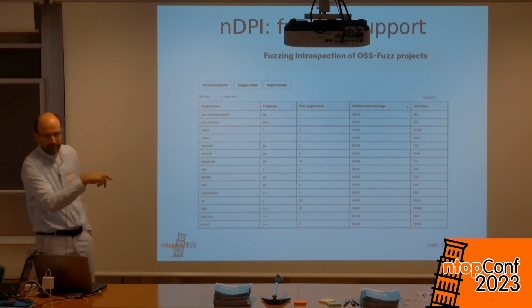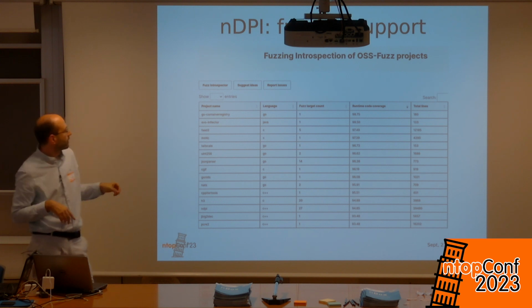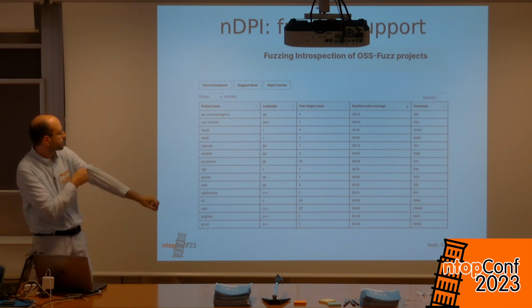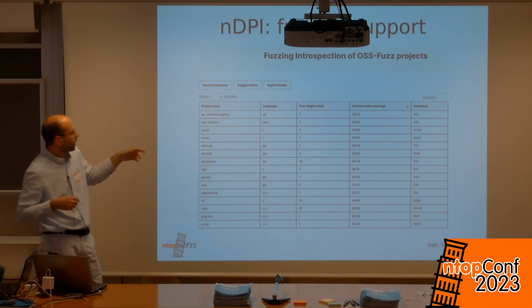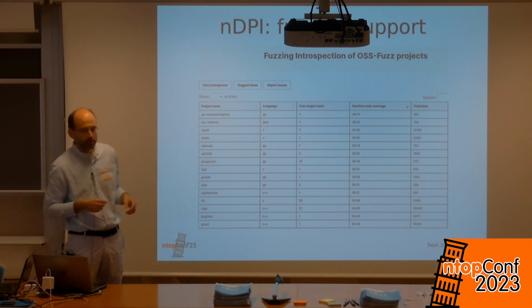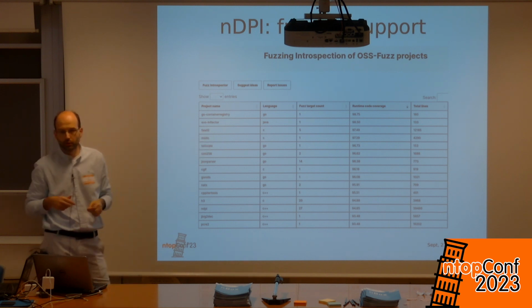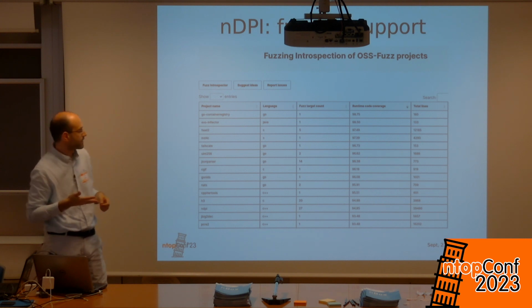Last thing, this is a basic ranking that you can find on the OSS-Fuzz site. All the projects are ranked according to the most important metric, which is the runtime code coverage, which tells you basically how much of your code is effectively fuzzed.